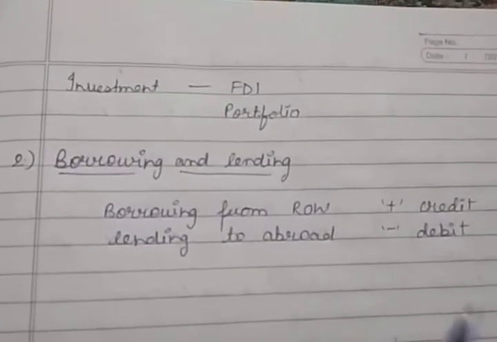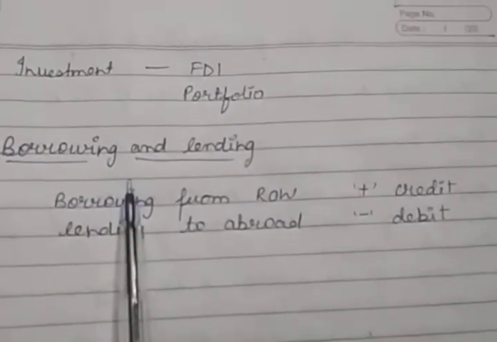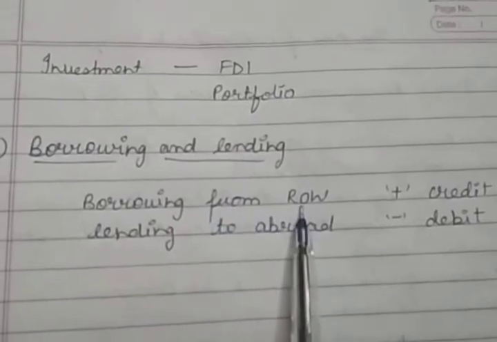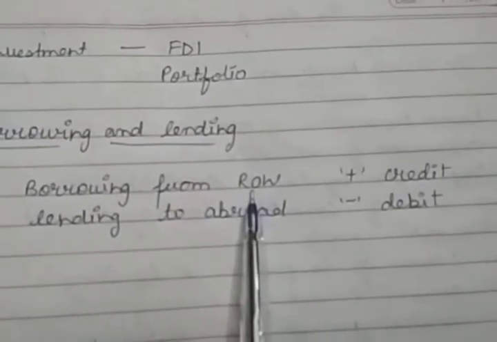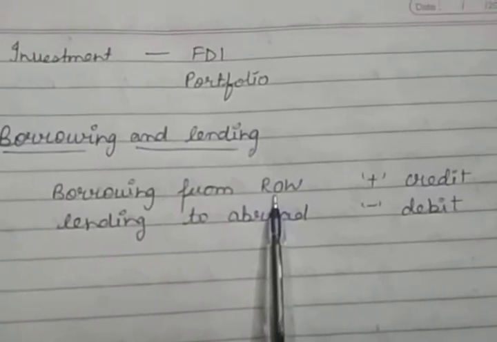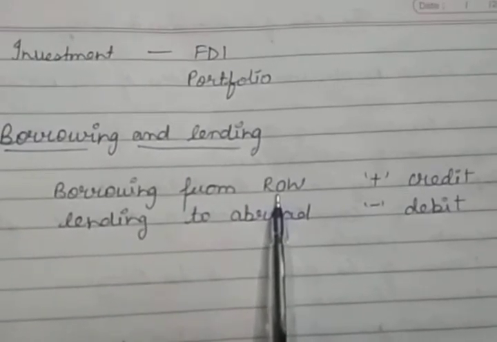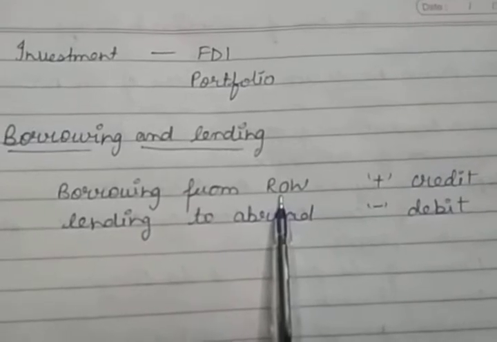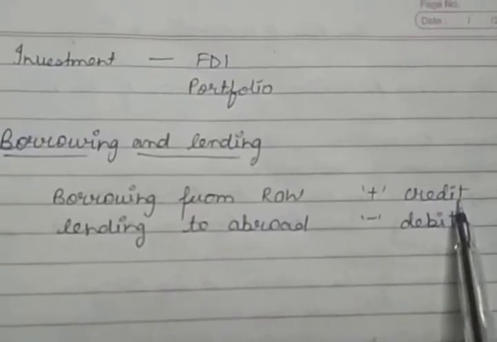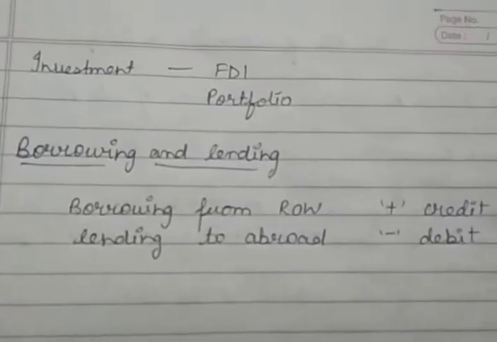Now the second component of the capital account is borrowing and lending. All the borrowings from the rest of the world or abroad by the private sector, like individuals, or by the government, and the repayment of loans by foreigners are recorded as a credit because these lead to inflow of foreign exchange.